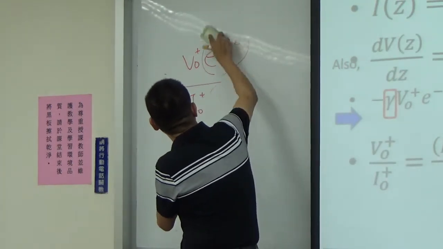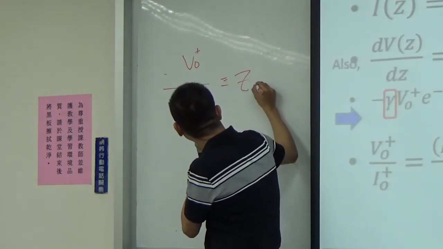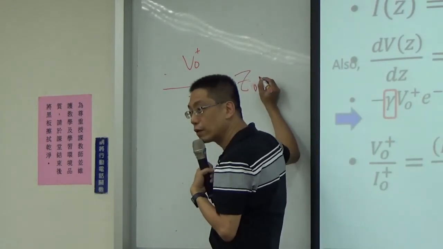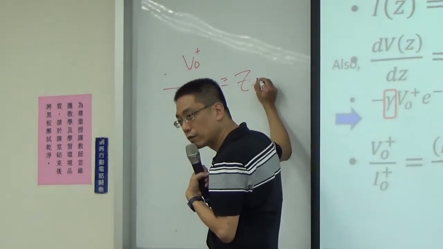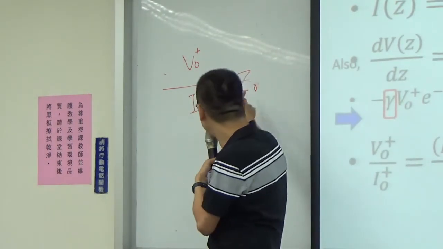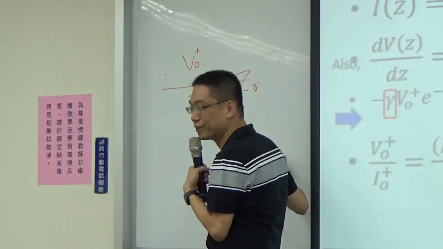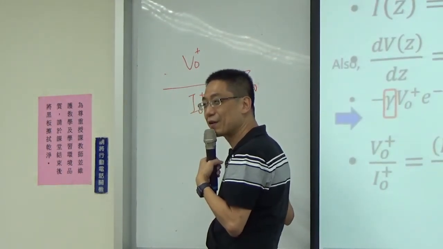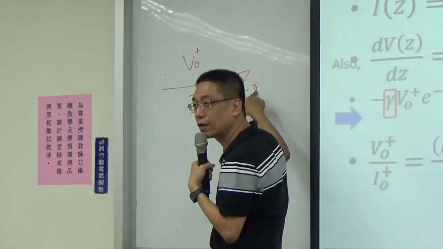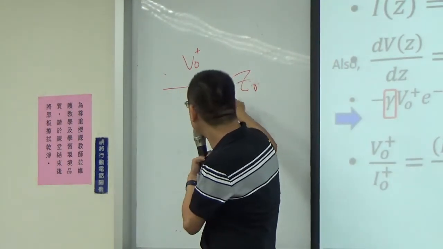We define this as Z0. 0 and O are different. You need to be very careful to put this is 0, this is O. Sometimes it's another mode. The subscript 0 means characteristic impedance. This is a definition.